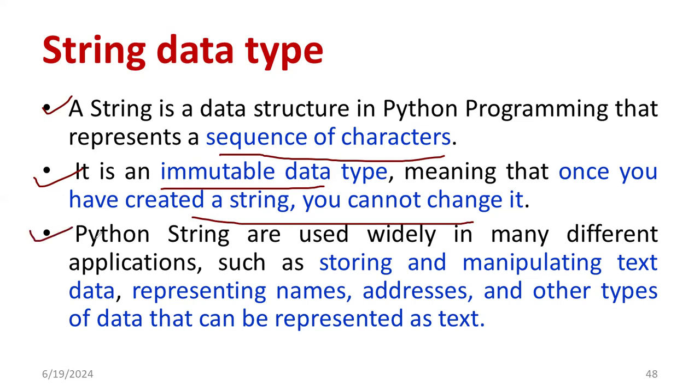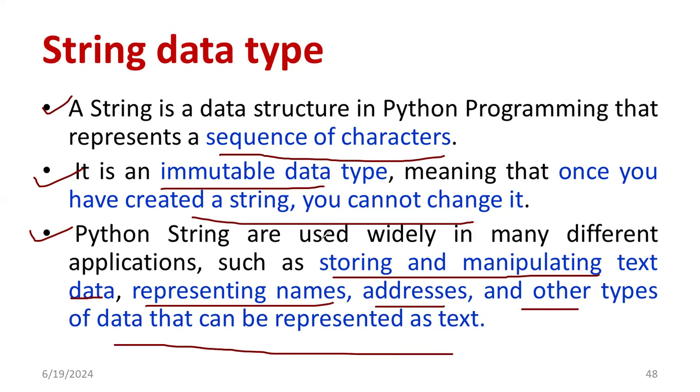Also, what are the various applications of string data type? Mainly for database management, storing and manipulating text data. Because there are sets of data, for example, for your school database, so much information will be there, like the name, then your address, all are basically called string data type. It represents names, addresses, and other types of data which can be represented in the form of text.